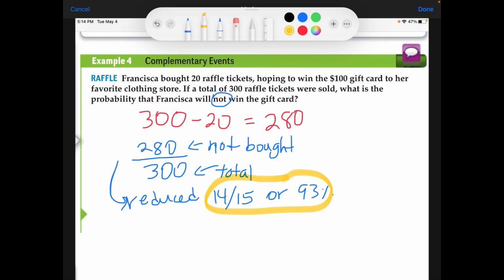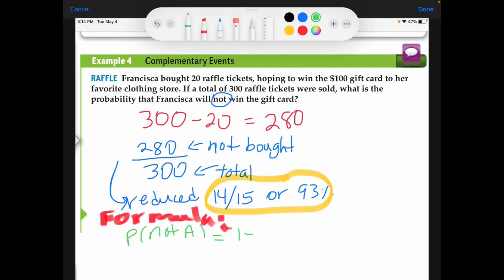Now, we could have also, if we were going to use the formula, done something like this. What's the probability of not getting A, and in this case that would be not winning, right?